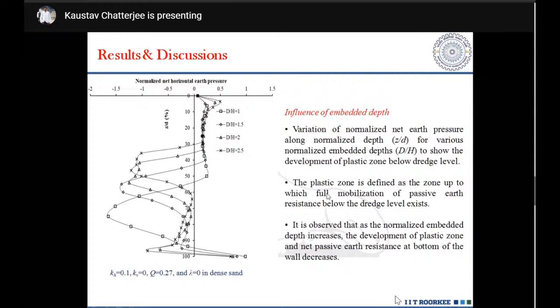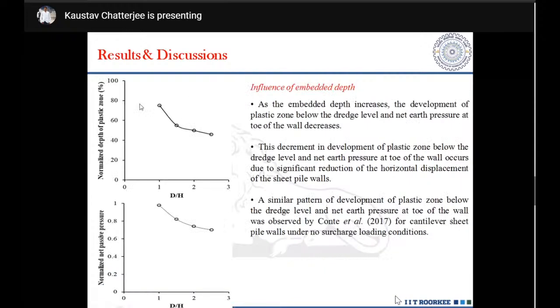As the normalized embedded depth increases, the development of plastic zone increases and hence the net passive earth pressure at the bottom of the wall will be decreasing. It has also been clear in this particular figure. That is, for the normalized depth of the plastic zone and normalized net passive pressure, we have seen that as the embedment depth increases, that is, the development of plastic zone below base level increases and net earth pressure at the top of the wall decreases.